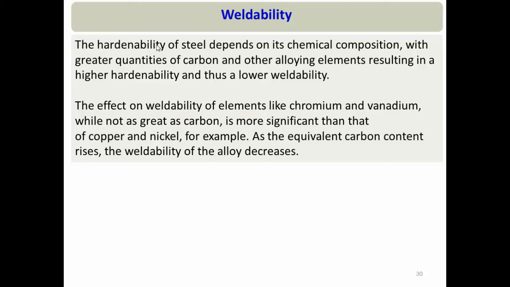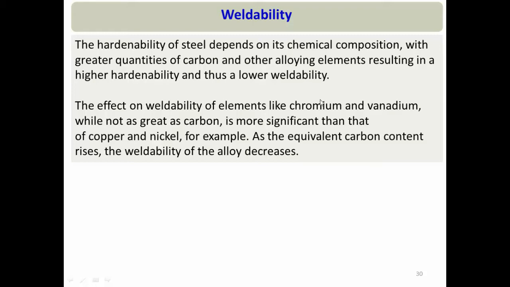But when carbon decreases, its hardenability decreases and its weldability increases, because then it will be easier to mold or something like this. So weldability increases. What is written here: the hardenability of steel depends on its chemical composition, with greater quantities of carbon and other alloying elements resulting in higher hardenability and lower weldability.